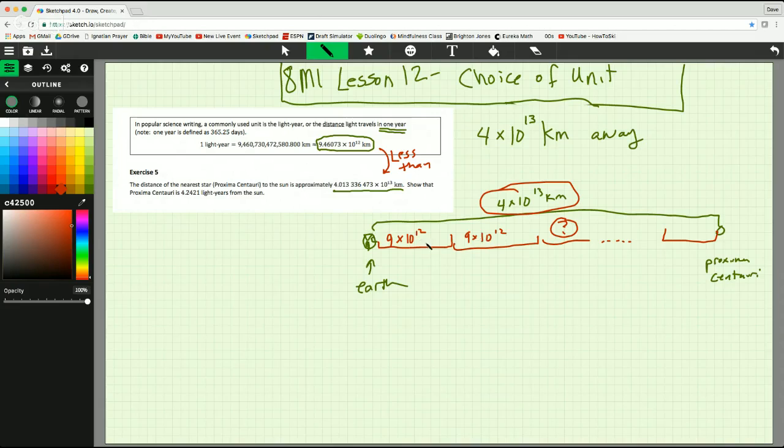It's how many of these will fit into one of those? Right, here's 1, 2, 3, 4, 5. And the question is how many? So that is a division problem. How many times will this divide into this bigger thing?